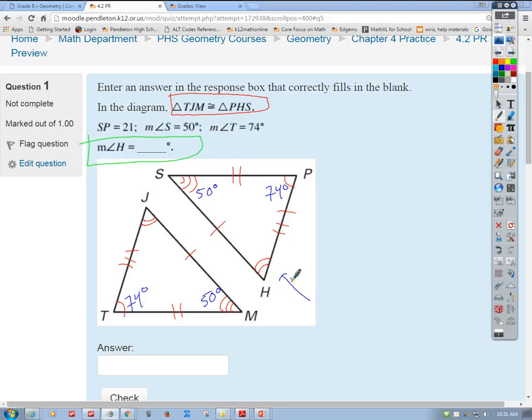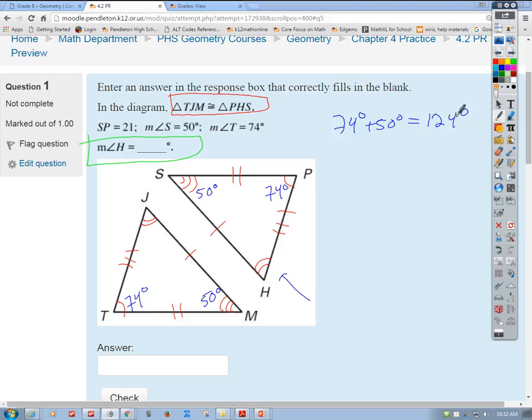I could find the measure of angle J, and then they'd be the same. Cassie? So 50 plus 74 is 124 degrees. Keep going, you're going to get it right.